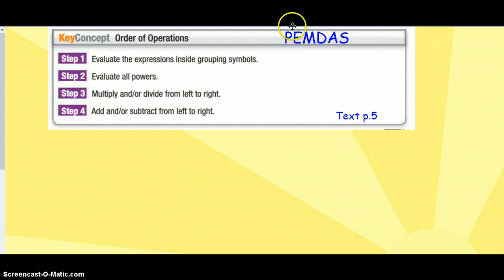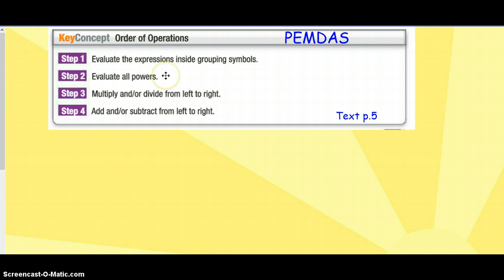The first step, P, stands for parentheses. The reason that's a little confusing is that it leaves out other grouping symbols, and there's a secret grouping symbol that I will tell you about in this lesson. So more than just parentheses, we talk about all grouping symbols. We have to simplify inside them first.